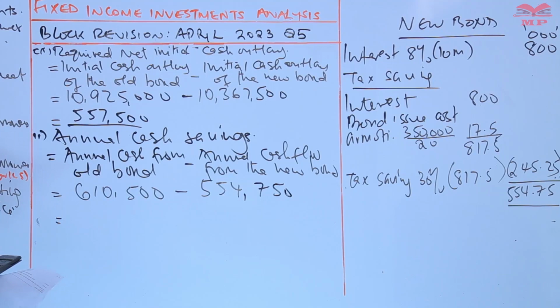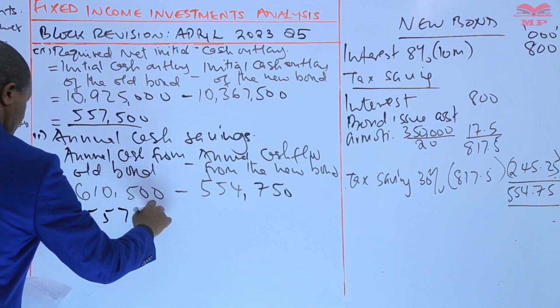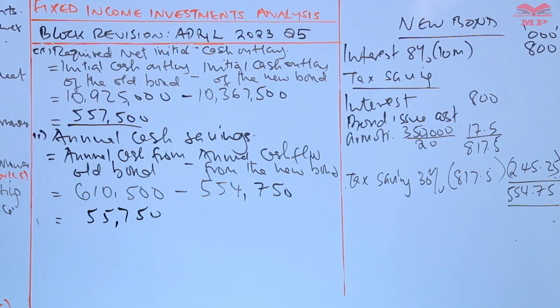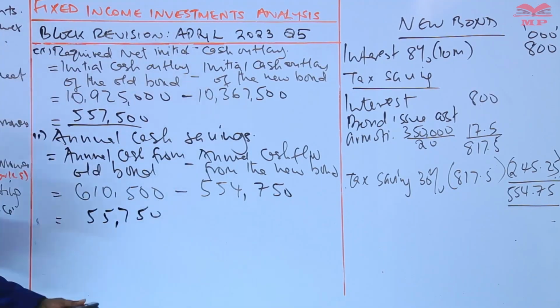This is equal to 55,750. 55,750 is the annual cash savings. That is question Roman number 2.